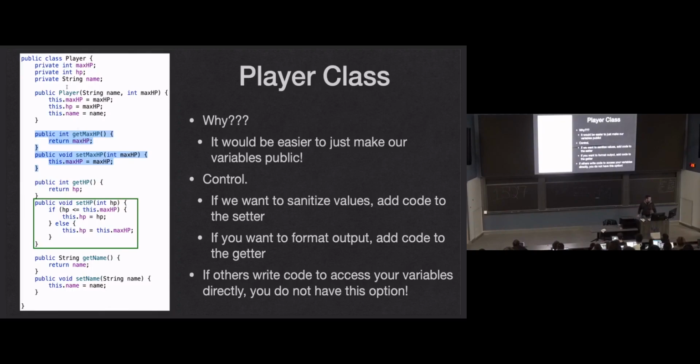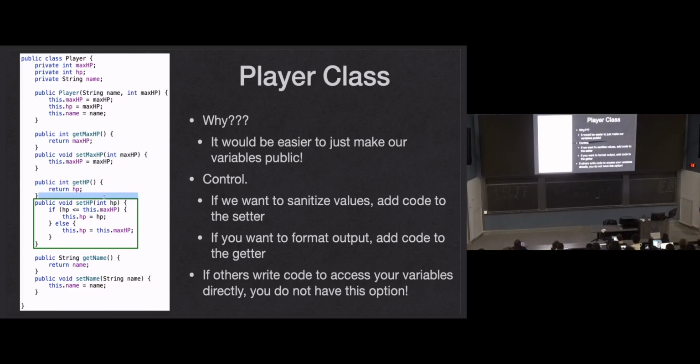We have private variables and then public getters and setters. If sometime down the road, even if I'm not using them, I want to add some checks to max HP, or I want to add some formatting, maybe getHP instead of returning the raw HP, I want to return the percentage of max HP that we have, I can make that change now.